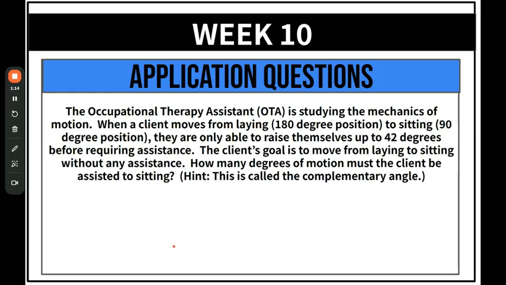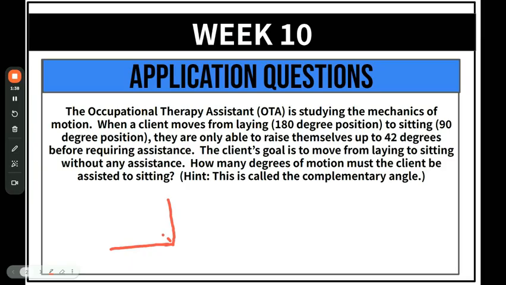Okay, so we've got someone who is laying and they're trying to go from laying down to sitting straight up. Now we know that this is a 90-degree angle right here, from laying down to sitting up. However, this patient is only able to go from laying down to 42 degrees.